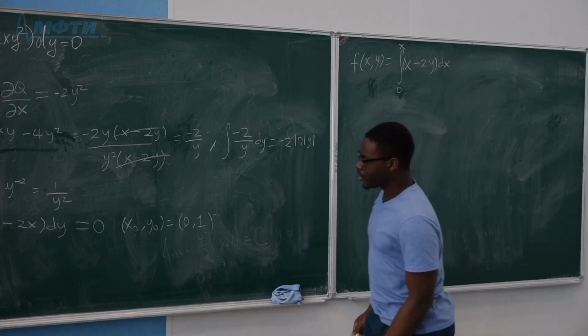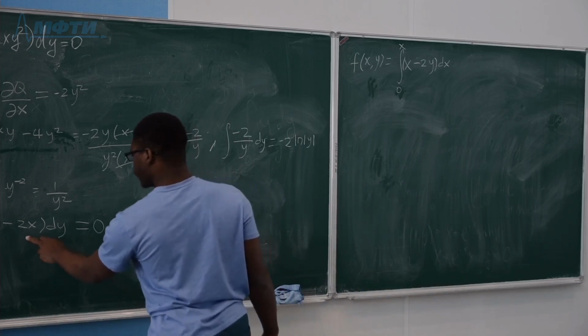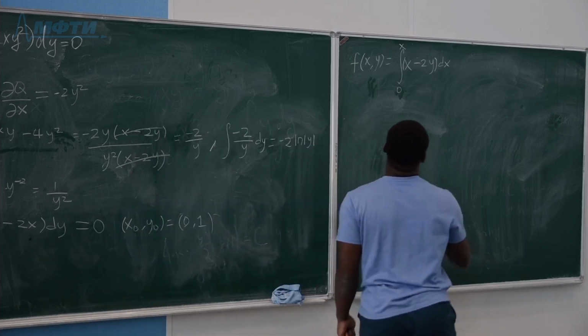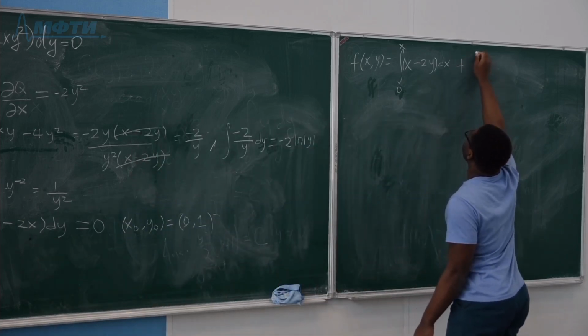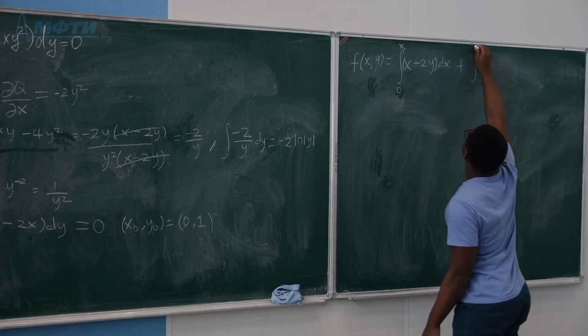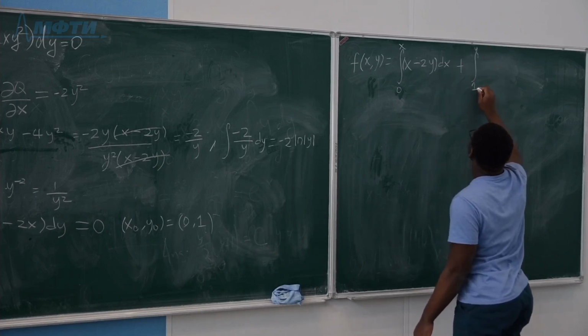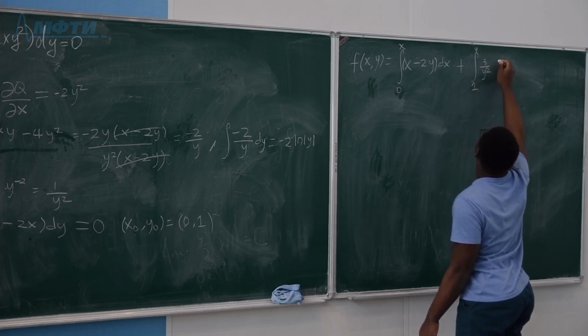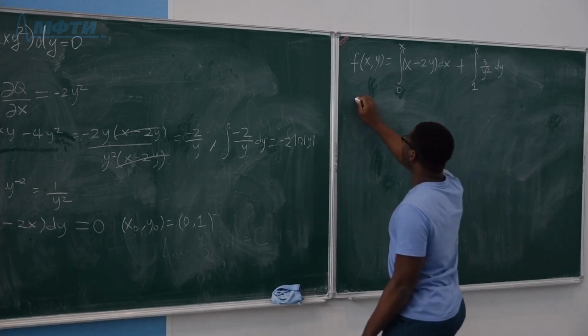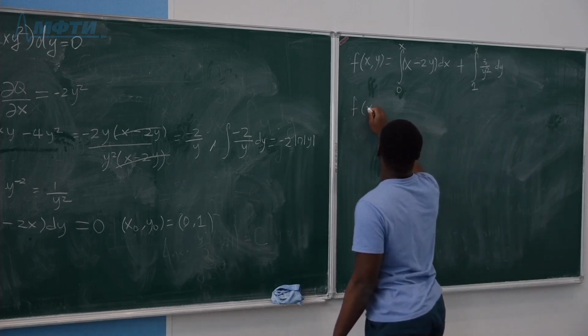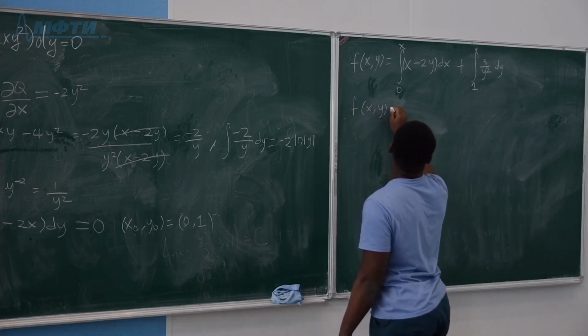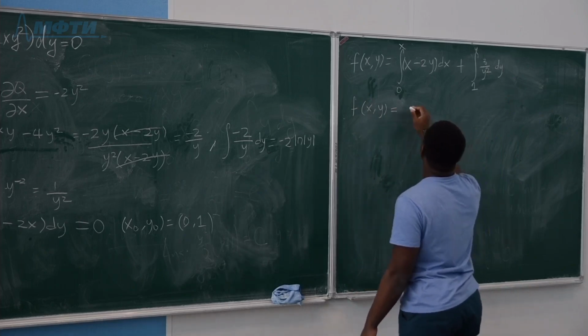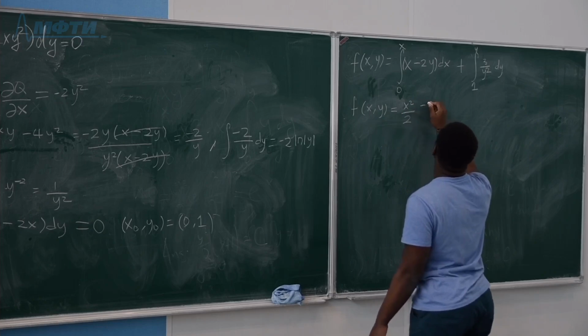Right. I will substitute 0. 3 over y squared. X squared over 2, right?